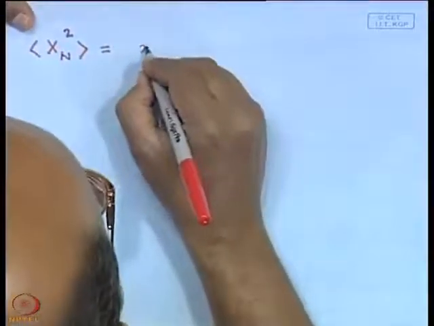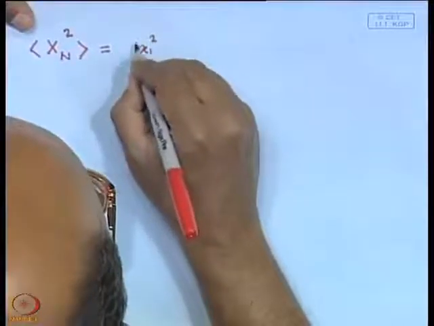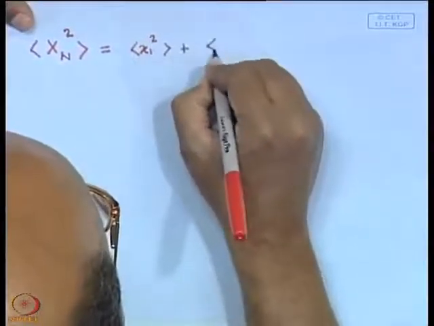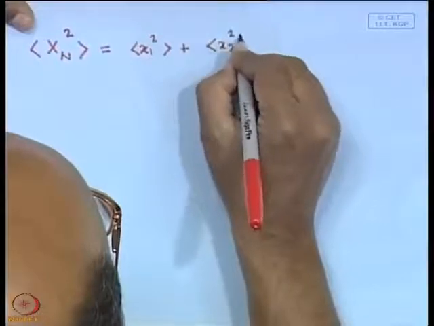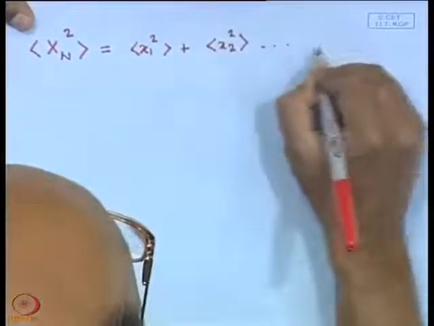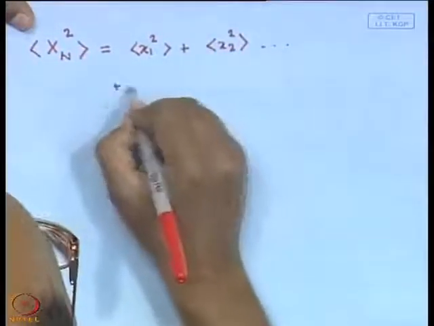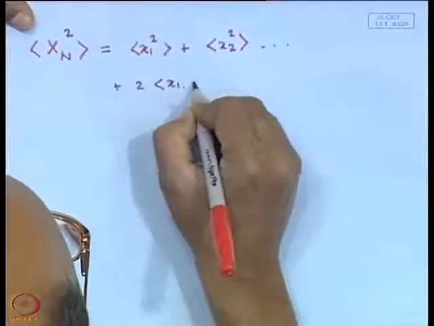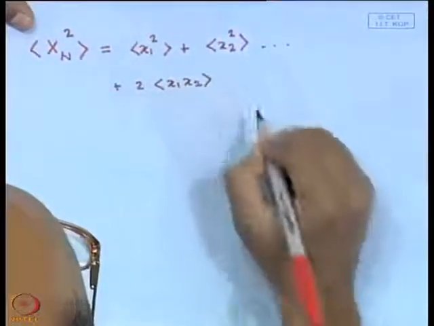So this will have x1 squared, the mean of this, plus x2 squared, the mean of this, and n such terms, plus there will be 2 x1 x2, the cross terms.